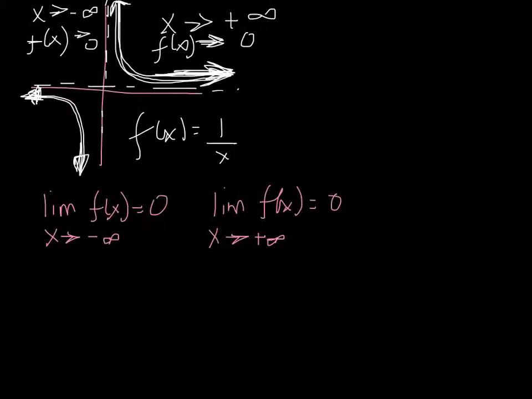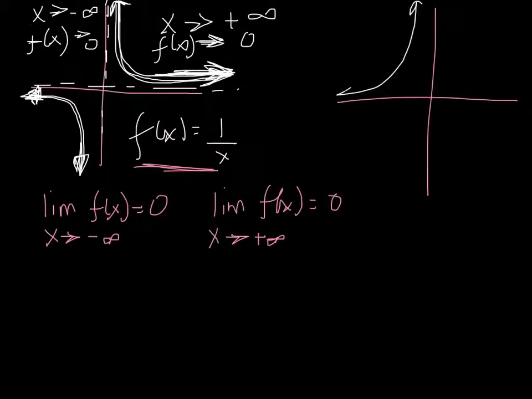That's for this rational function. Let's do it if it's negative. If I go this way. They're negative. And there again, this is an odd function, reflecting over the origin. But this is if I have a graph that looks like this.